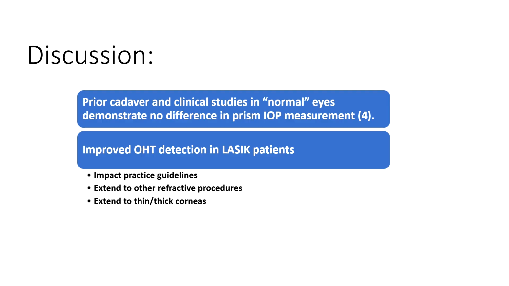Due to similar corneal and biomechanical alterations, these findings may extend to other refractive surgeries or thin cornea populations, warranting further study. Modified prism adoption could refine post-operative LASIK IOP monitoring, impacting practice guidelines and patient outcomes.